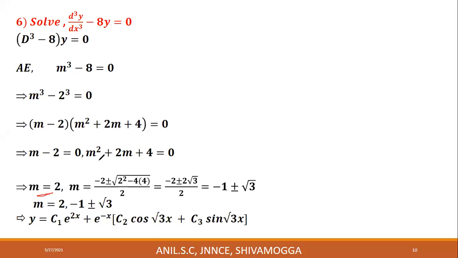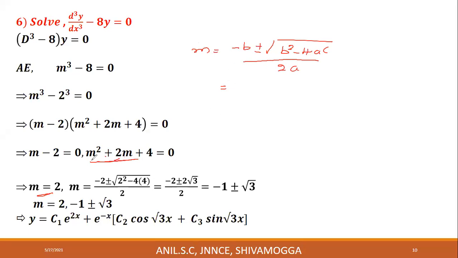And this is a quadratic equation, m square plus 2m plus 4 is equal to 0, whose roots are given by minus b plus or minus square root of b square minus 4ac divided by 2a. Roots of a quadratic equation are obtained by using this expression. What is b here?